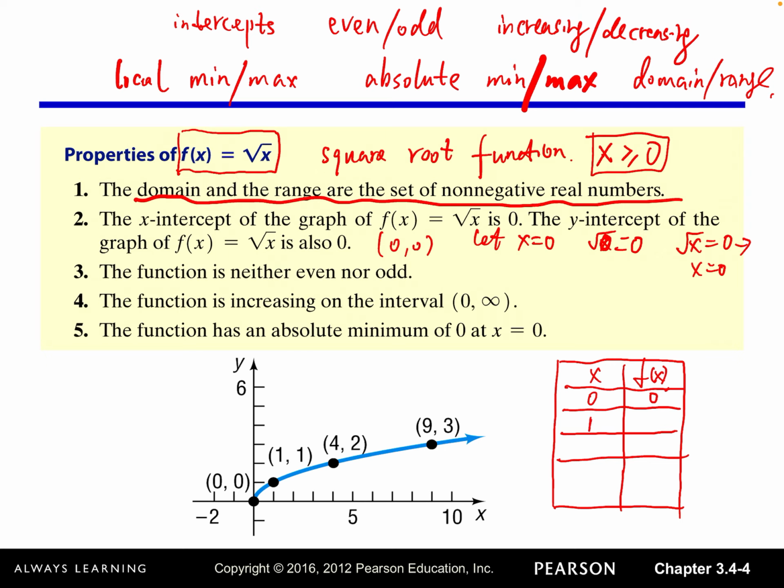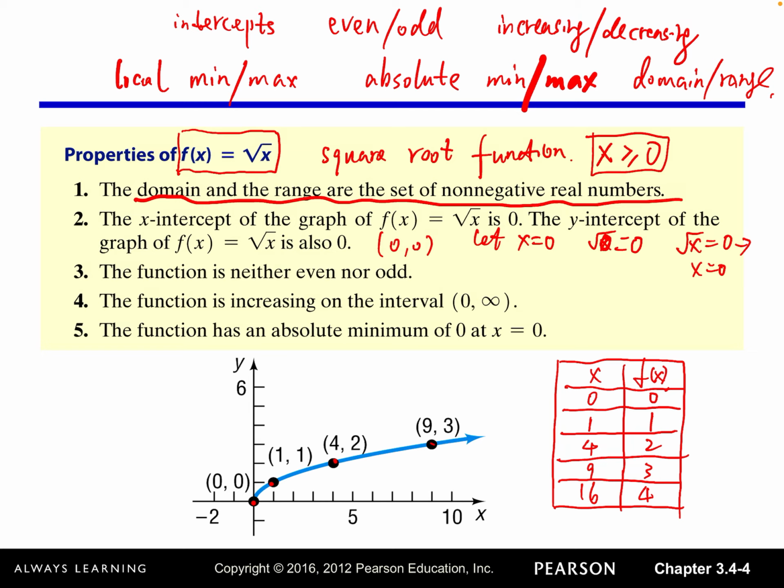If x equals 1, square root of 1 is 1. If x equals 4, square root of 4 equals 2. If x equals 9, square root of 9 equals 3. If x equals 16, square root of 16 is 4, and so on. Then we can plot those points and use a smooth curve, and then we can graph this function.